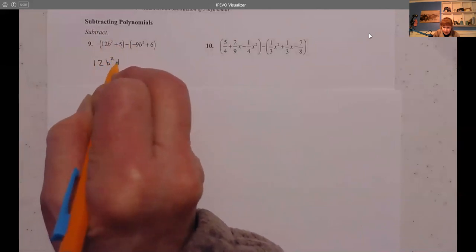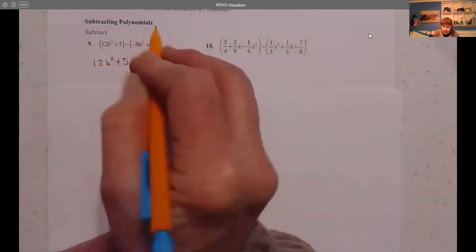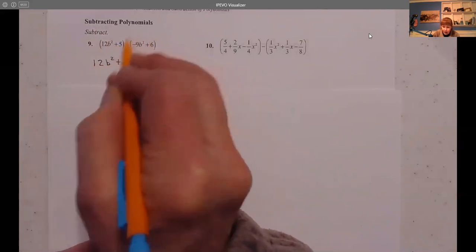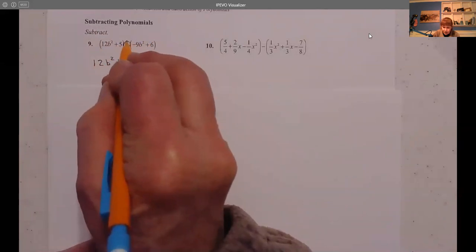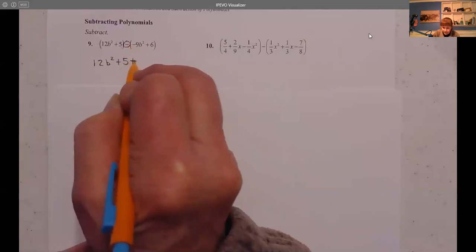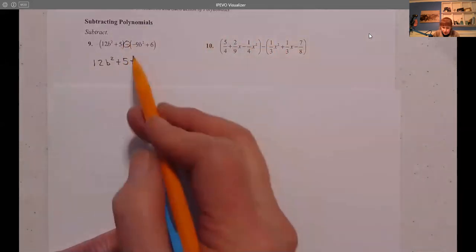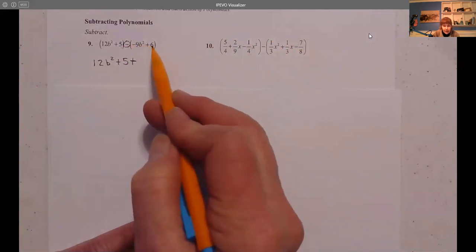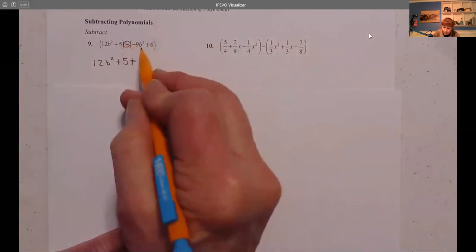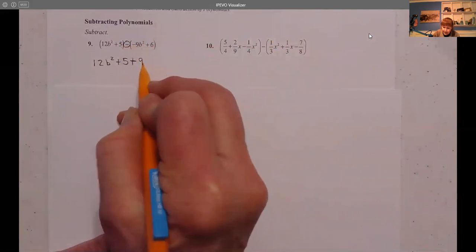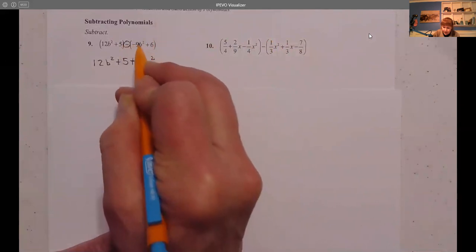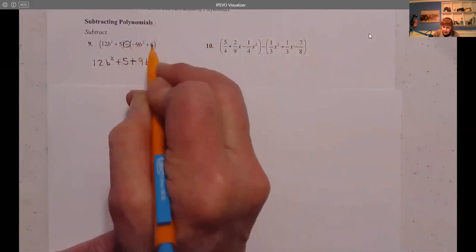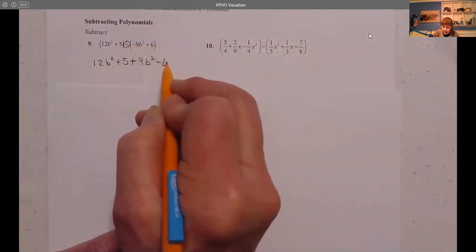12b squared plus 5. But here, in order to drop the parentheses, I can change this to addition. Change that to addition and then change the sign on everything inside. This will become 9b squared. That becomes a positive, and that becomes a -6.